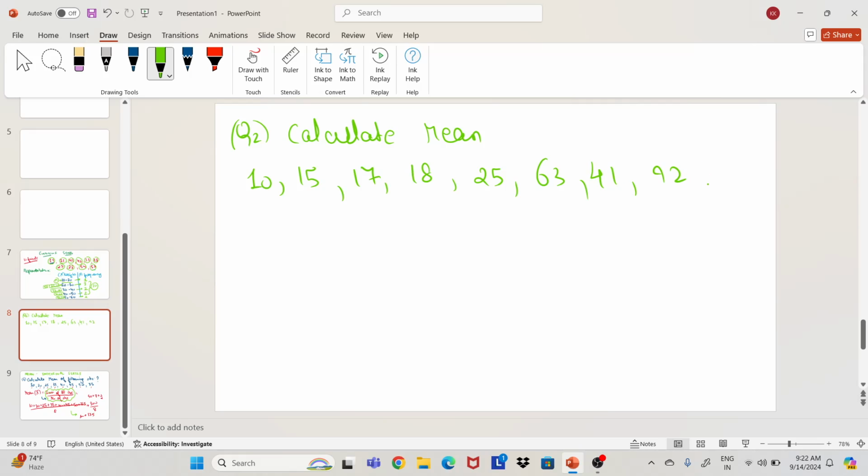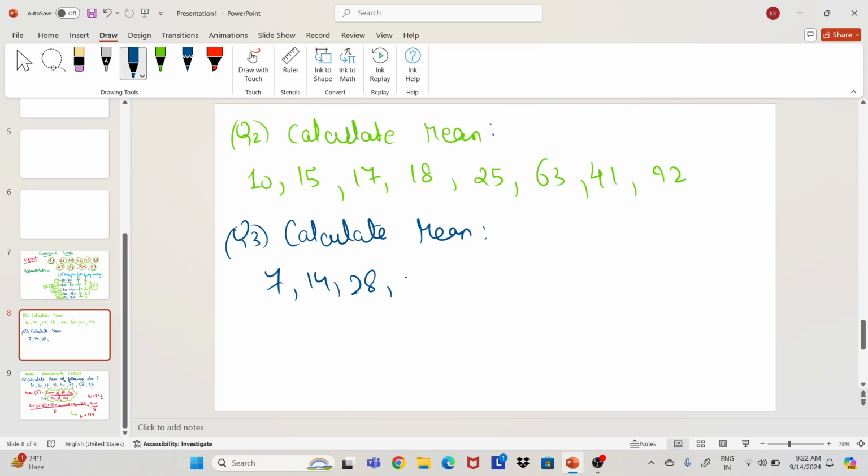These are the following numbers, calculate the mean for this question, and I'll write one more question. Try to solve these two questions. It would be good practice for you, and you'll get a good grip over the concept. Calculate this and write the answer in the comment section, and I'll reply if it's right or not.